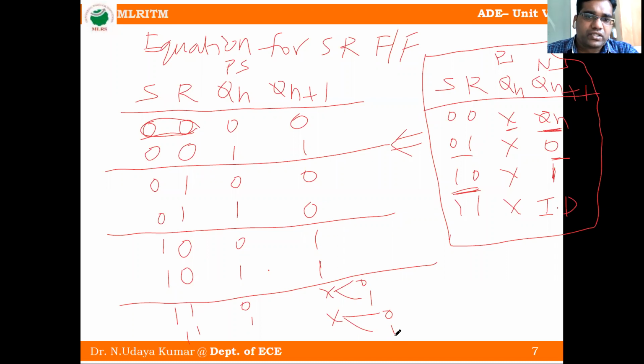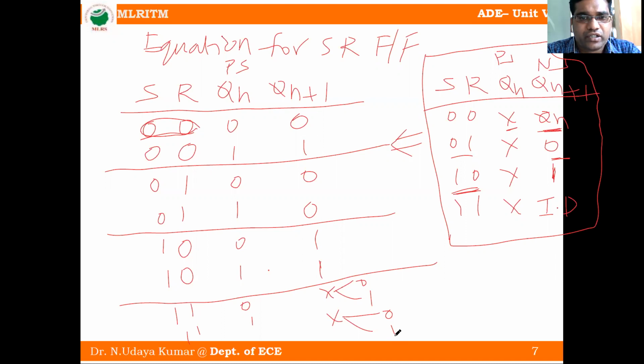So by using this, we will find the expression for the SR flip-flop. Here there are three inputs: S, R, and Qn. Why is Qn also an input? Because Qn is always fed back to the input.